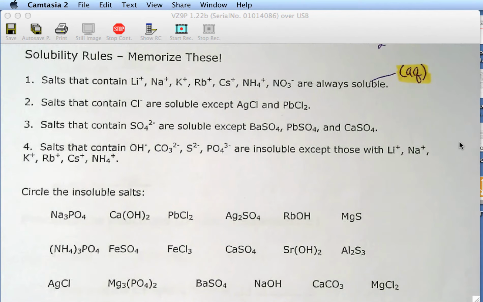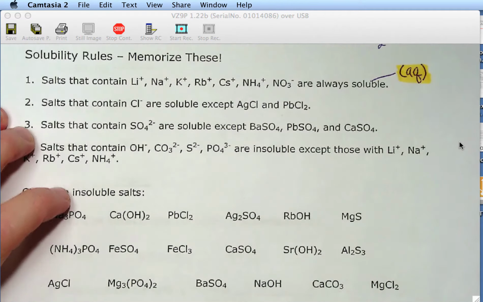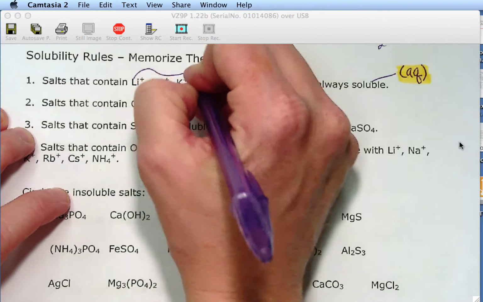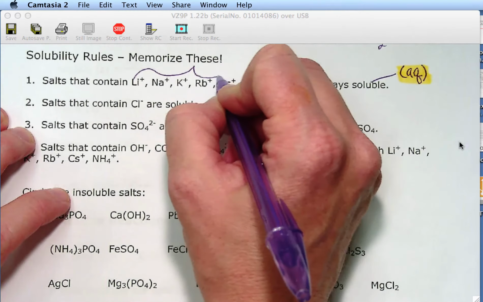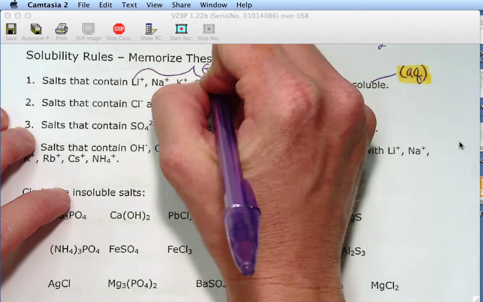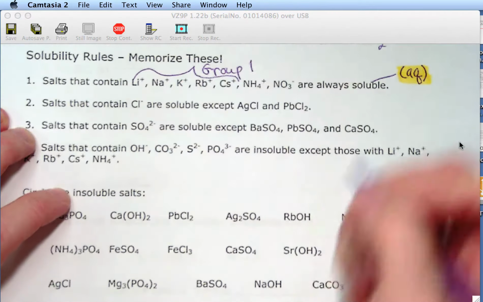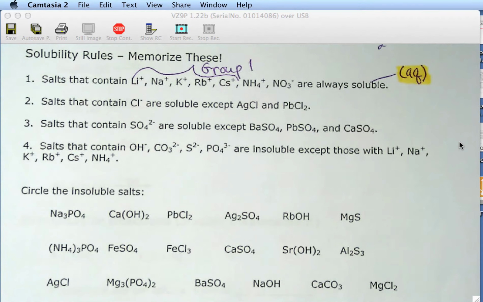What are those ions in? So, right, the group 1. Excellent. So you can simplify this rule by saying salts that contain group 1 ions, ammonium, and nitrate are always soluble.